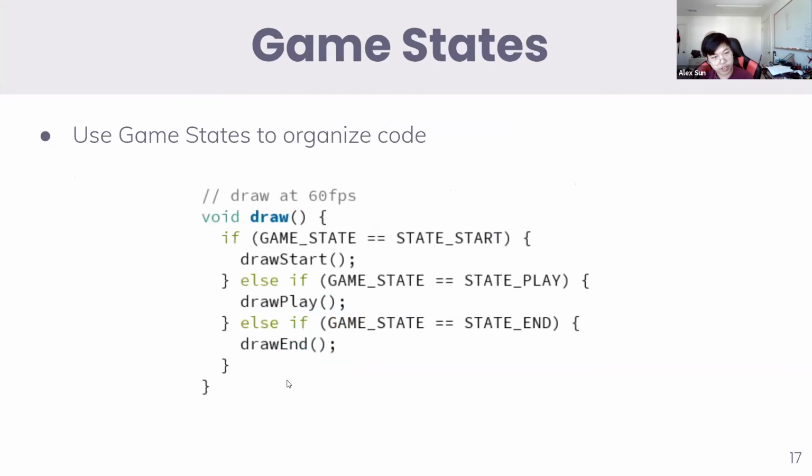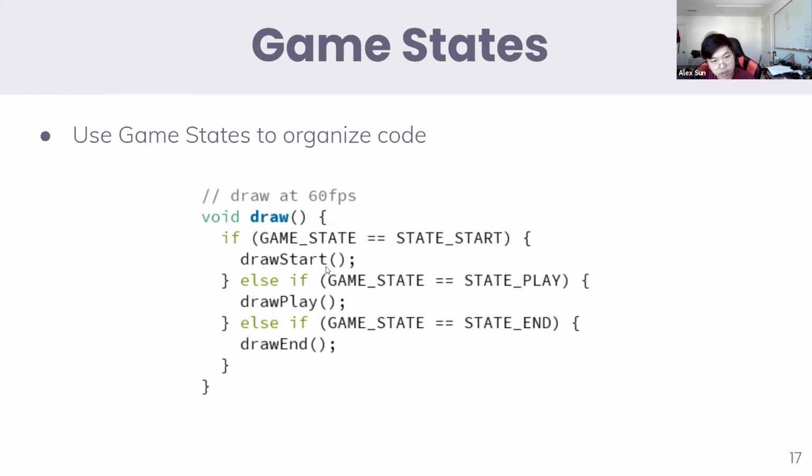So I think there's some code here. Before, as we saw, we used void draw to make our moving platform. But what I would recommend here is that when you have to draw different things at different times, you can just use an if statement. So if the current game state is equal to the start state, you can run drawStart, which is a function that you can write yourself.